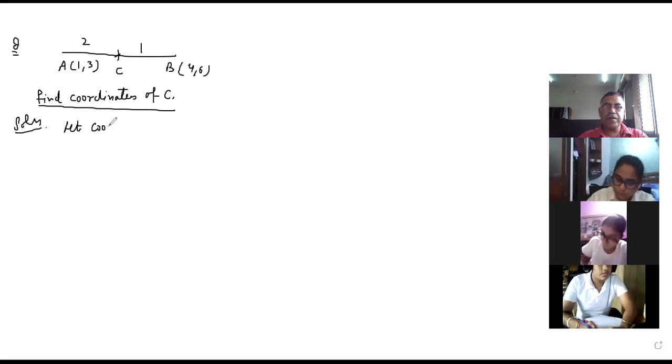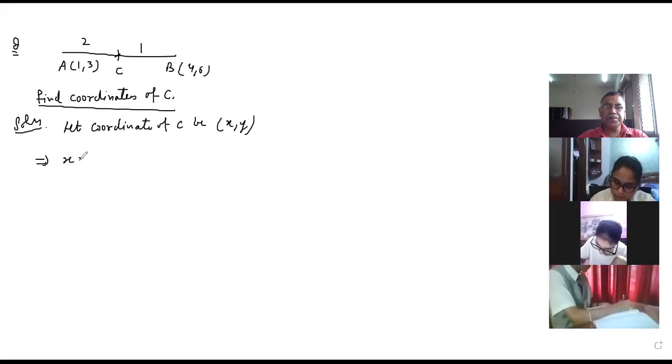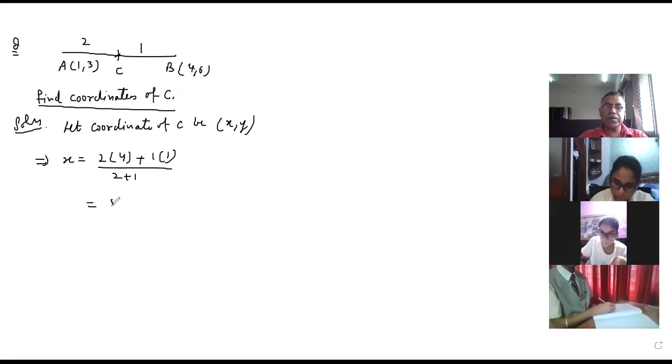Let the coordinates of C be (x, y), which implies x is equal to (2 multiplied by the x value of B plus 1 multiplied by the x value of A) upon (2 plus 1), which implies x is equal to 3.